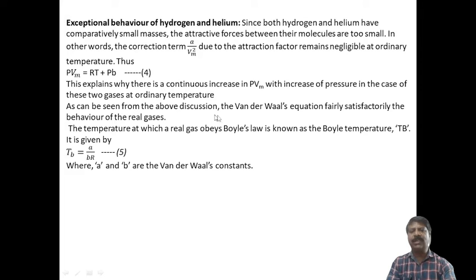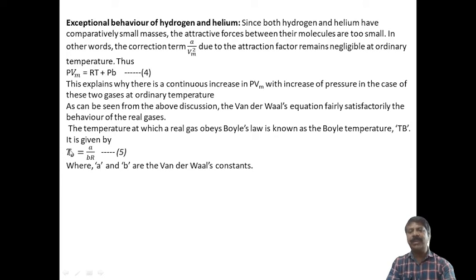As seen from the above discussion, the van der Waals equation fairly satisfies the behavior of real gases. The temperature at which a real gas obeys Boyle's law is known as Boyle's temperature. At that temperature the gas becomes ideal, and that is called the Boyle's temperature.